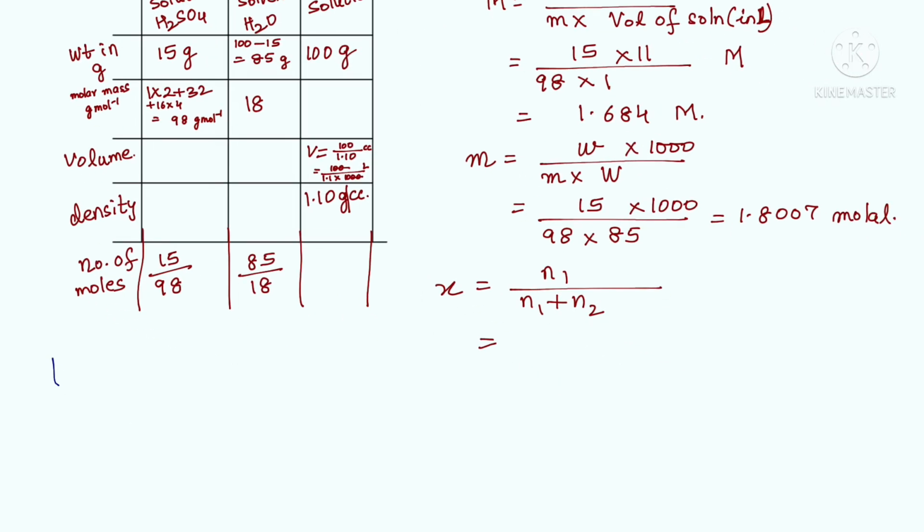What do you have to do now? Simple. You have to substitute the values. 15 by 98 upon 15 by 98 plus 85 by 18. Convert it into decimals, and the answer is 0.03138. What is the unit? Yes, no unit. It's a pure fraction.